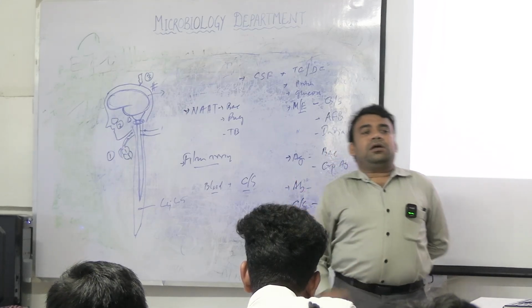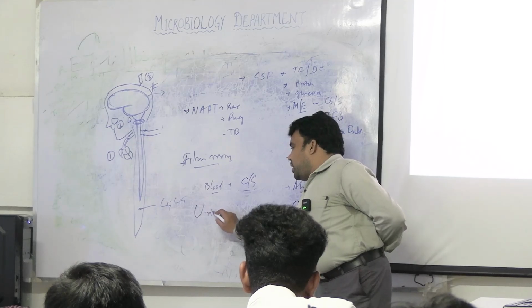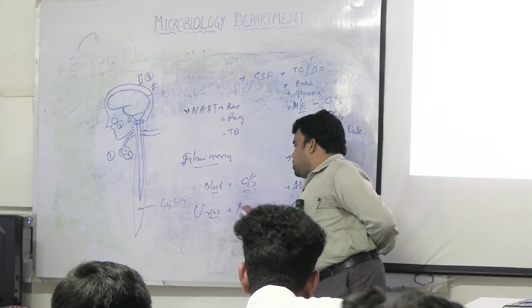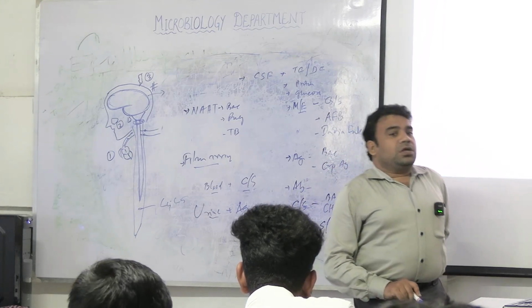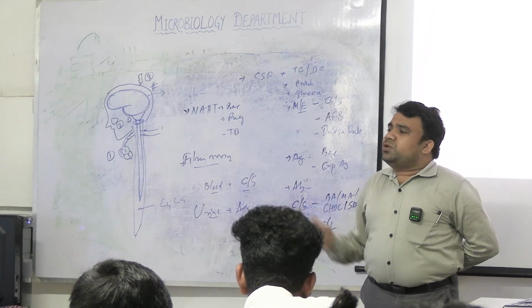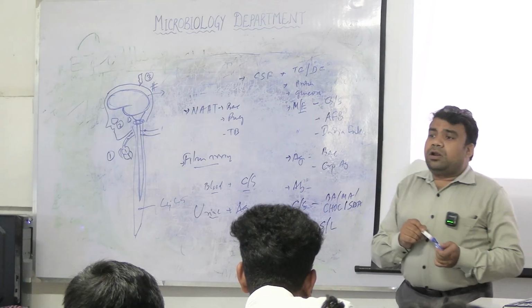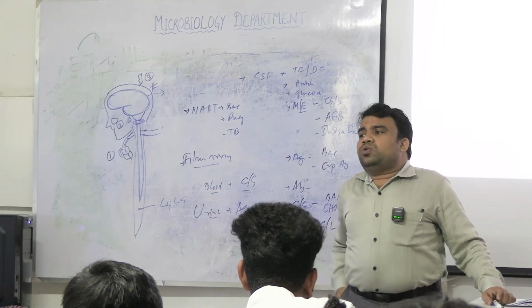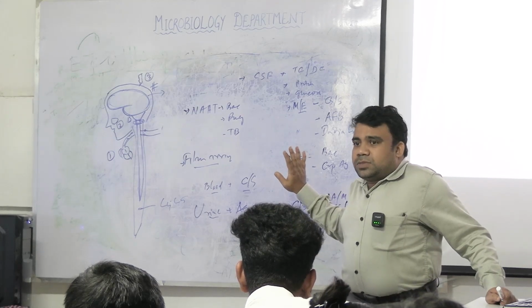So also send blood for culture. And some of the bacterial antigens may be found in the urine also, so we can also detect the urinary antigen. So these are the tests that we can do for the diagnosis of acute meningitis. Understood?